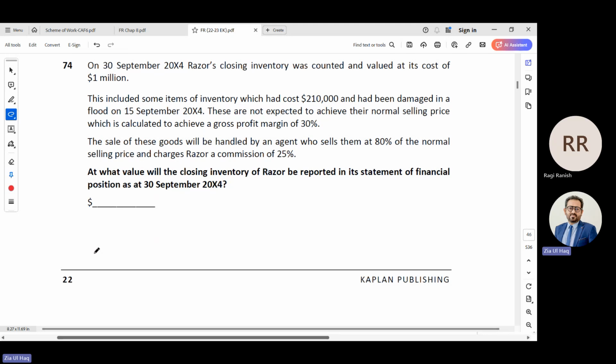These are not expected to achieve their normal selling price, which is calculated to achieve a gross profit margin of 30%. If inventory cost is given as 210, and the gross profit margin is 30%, can you calculate what could be the normal selling price then?